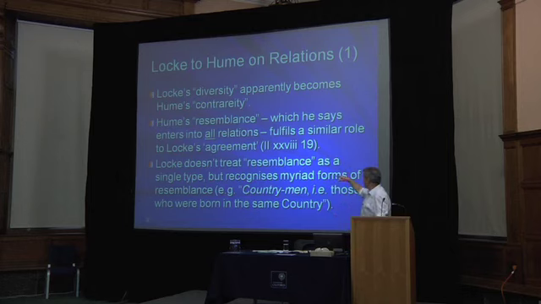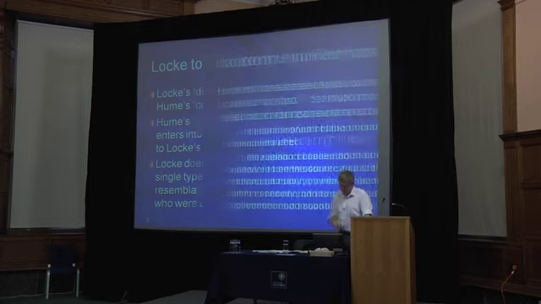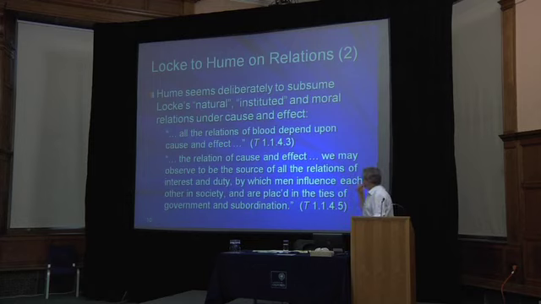Now, as we saw, Locke recognizes lots and lots of different forms of resemblance, like countrymen and so forth. But I think Hume deliberately takes Locke's categories of natural, instituted, and moral relations and subsumes them under cause and effect. Now, this has long been a bit of a puzzle.